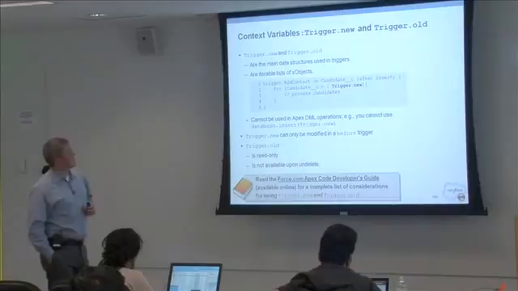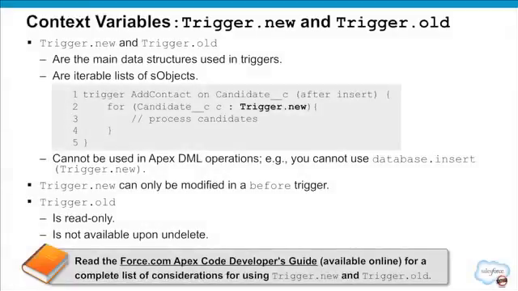Okay, so here we are using our Trigger.new and Trigger.old, iterating over them. So often what you're doing is you're right there in your trigger, you're iterating over Trigger.new. We talked about how you can only modify your data in a before trigger. Trigger.old, you can't modify Trigger.old. There's no point. You're about to overwrite it or you're about to delete it, one of the two. So it does not allow you to modify Trigger.old.